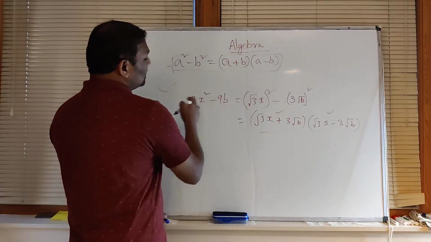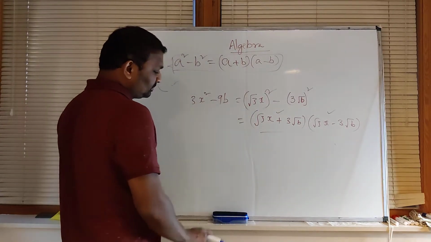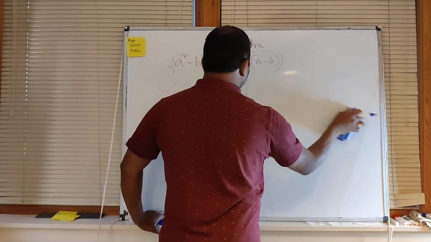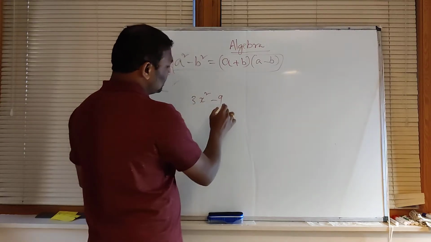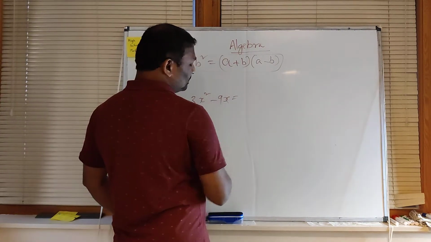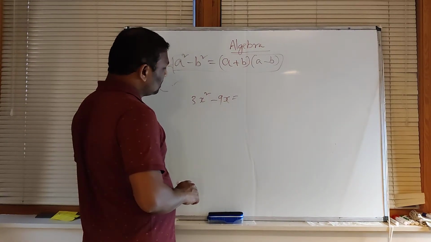So wherever you come across a minus here, you can straight away follow this formula. For example, instead of 9 here, if you put 9x, this also you can do. Say, if you put x here, in this case you can take out a common. It's like the quadratic equation.